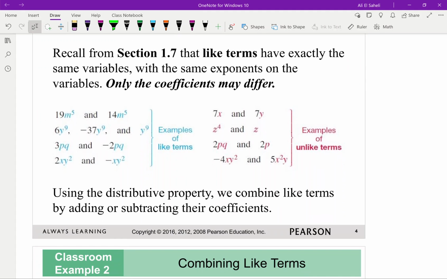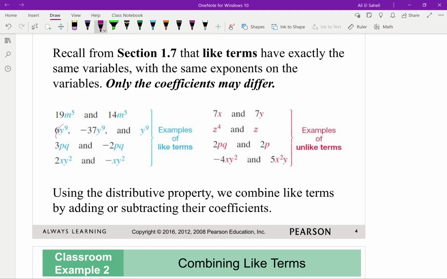Like terms have exactly the same variables with the same exponents on the variables, so only the coefficients may differ. For instance, these two terms are called like terms because both of them have m to the power 5, which basically means you can add and subtract these two terms.